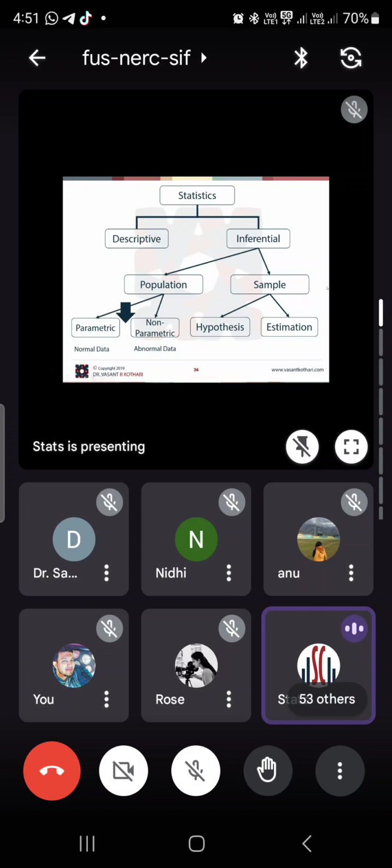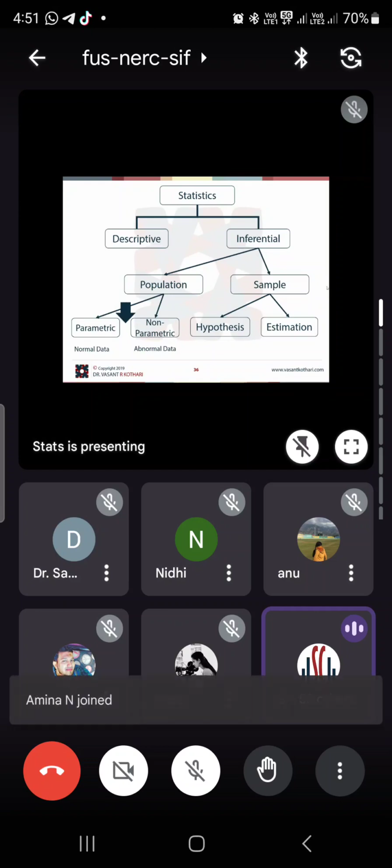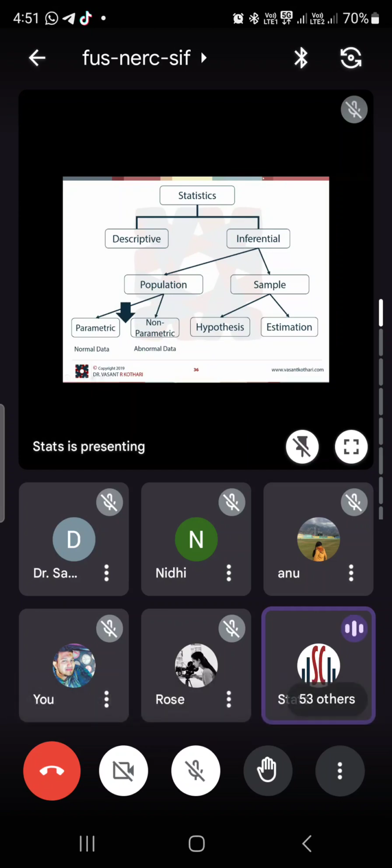In that we have the population and a sample, and the most important point in your subject is parametric and non-parametric. I'll explain you the concept of parametric statistics and non-parametric statistics. And once you understand this funda, statistic will become a cakewalk for you.